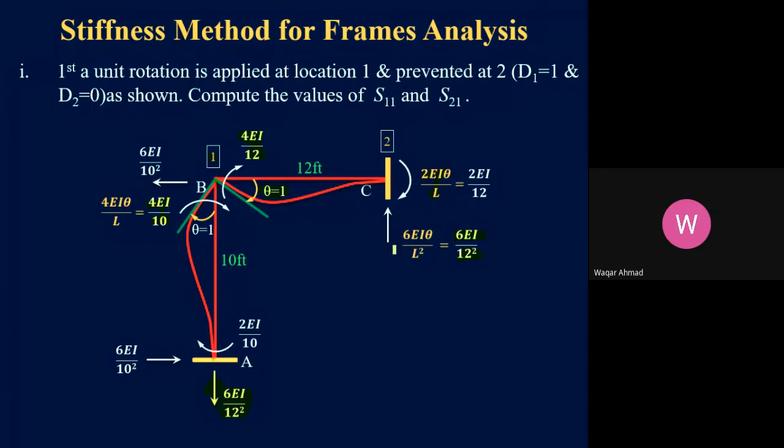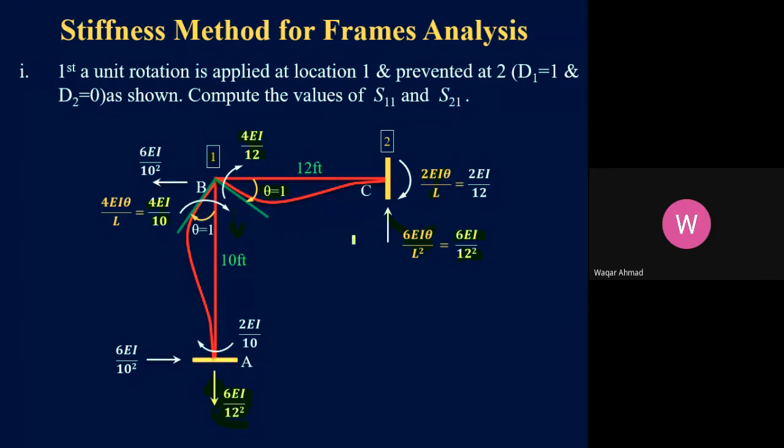As it is upward here, it will be downward at this end of this member. Now, when you transfer this to this member, it will become upward, and then when you resist it at this end, it will become downward. So this is the vertical reaction which is coming from this member. Okay, so I think this is very simple.